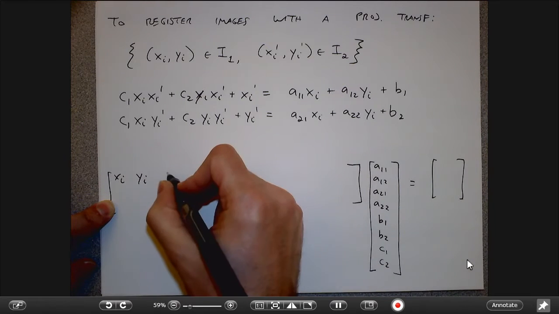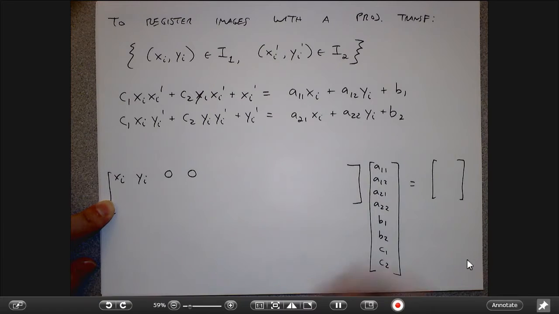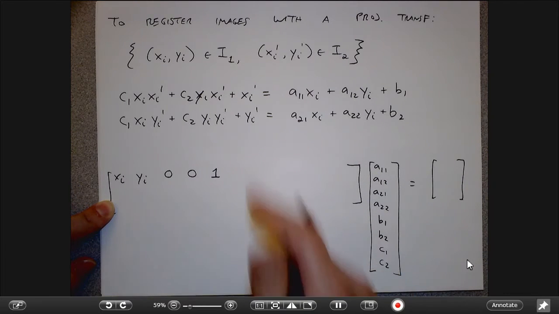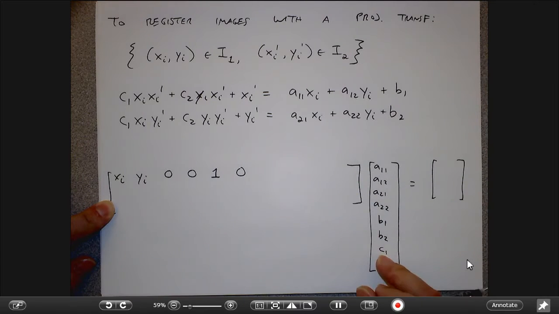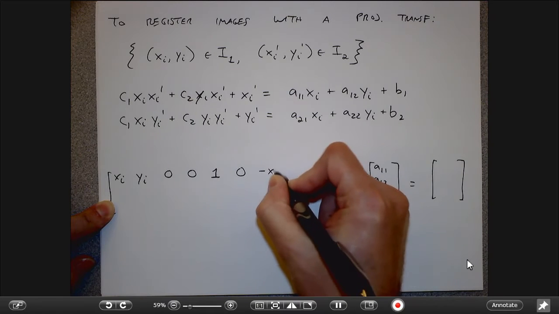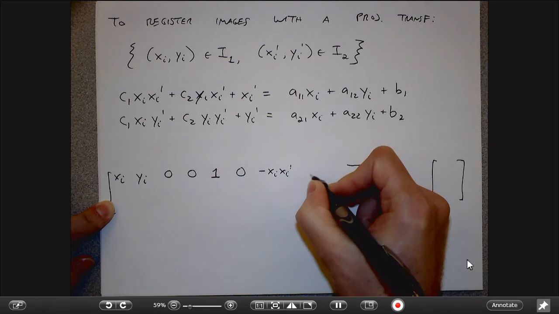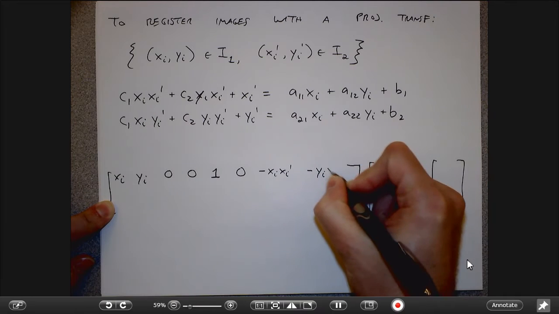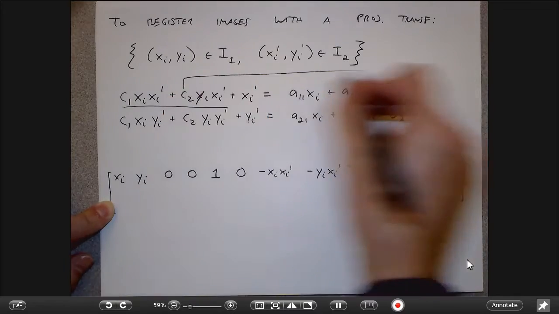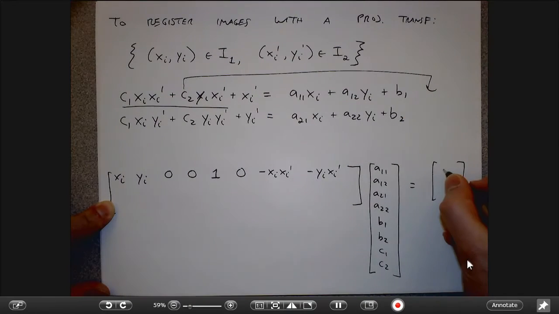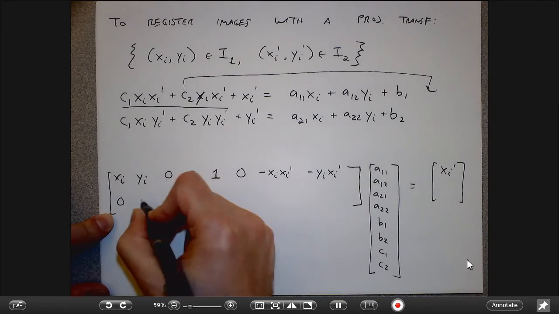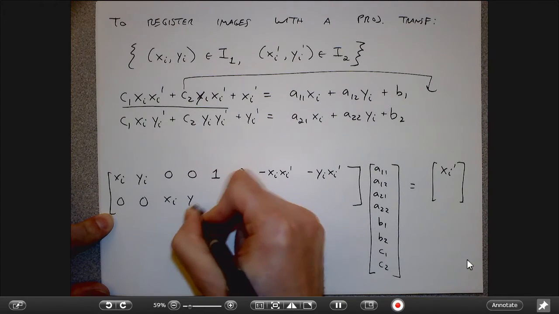Then I have nothing in this equation that involves these guys. I have a 1 that is multiplying B1. Nothing that's multiplying B2. What's multiplying C1? Well, if I bring this over to the left, I have basically negative xi prime, and then I have negative yi xi prime. So I took this stuff and moved it over to here, and what's left on the right-hand side is xi prime. And I can do the same thing for the other equation.